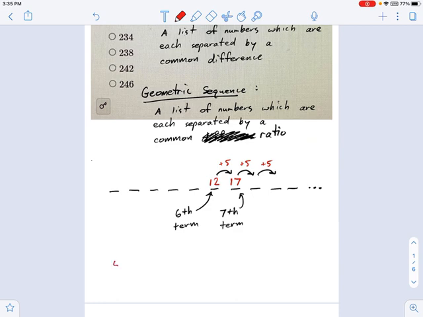So I can say the 52nd term is equal to the 7th term plus 5 times the number of hops, or the number of steps we have to take to get from the 7th term to the 52nd term.